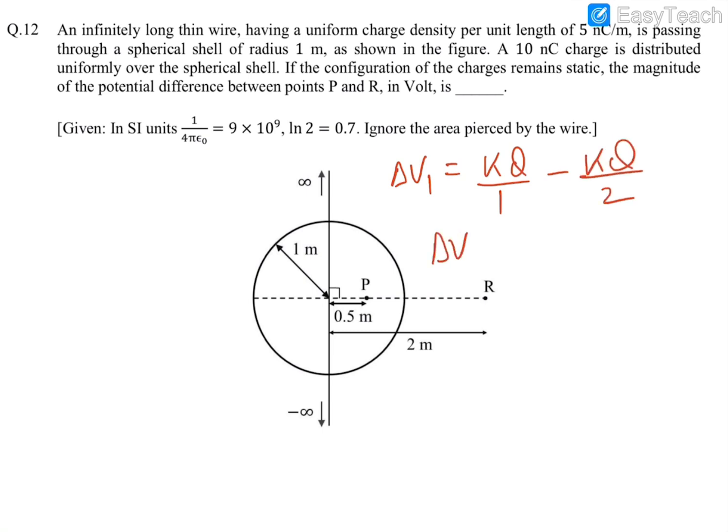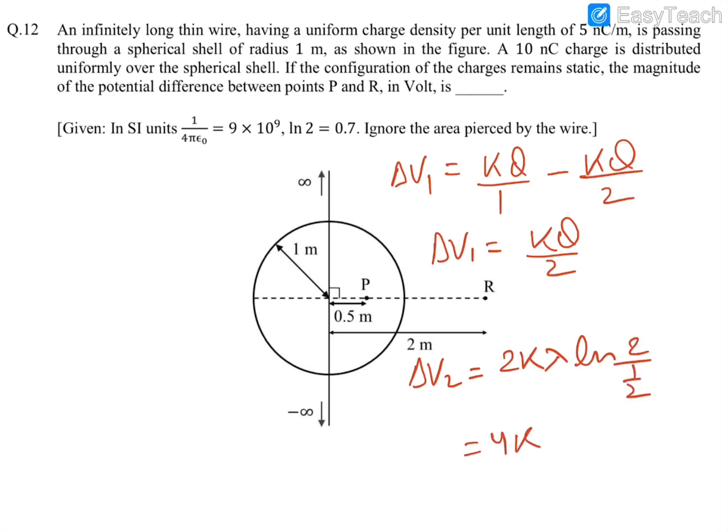So delta V1 is the potential difference between P and R due to the shell only, and this is KQ by 2. And delta V2 is the potential difference between P and R due to this wire, and we know that due to a wire it is 2k lambda ln RB by RA. RB is 2, RA is 1 by 2. So this is 4k lambda ln 2.